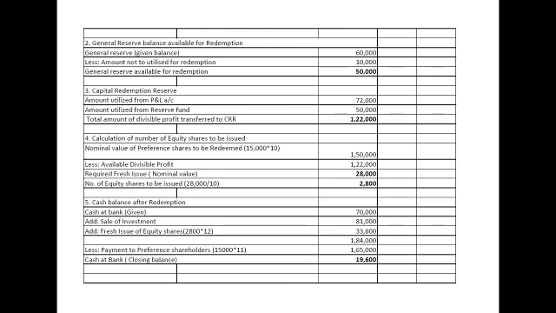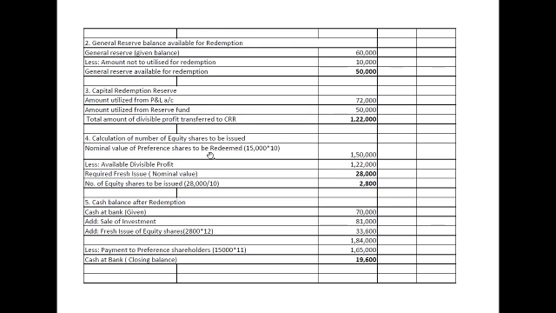Now how much amount is required? So the remaining amount, as per the condition given in the problem, there is a provision to go for fresh issue of equity shares. So in the fourth working note, we will calculate how many equity shares are to be issued.